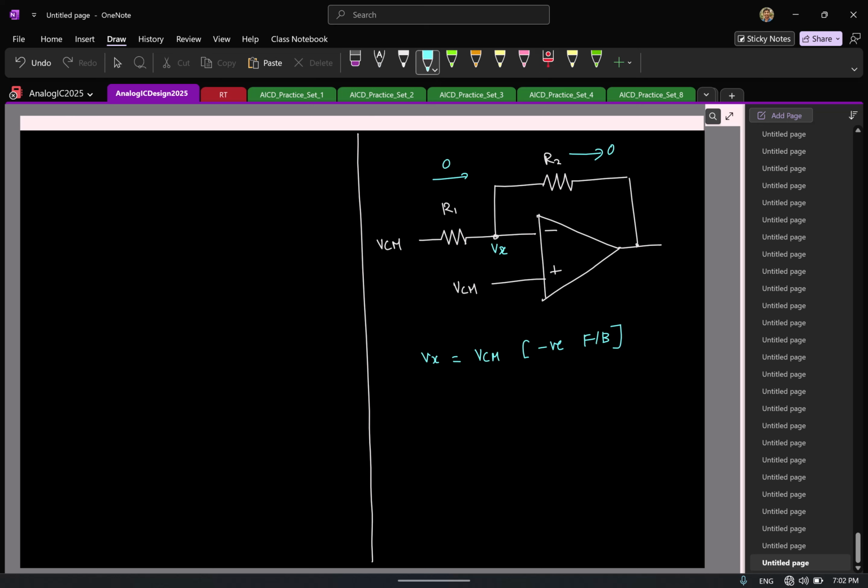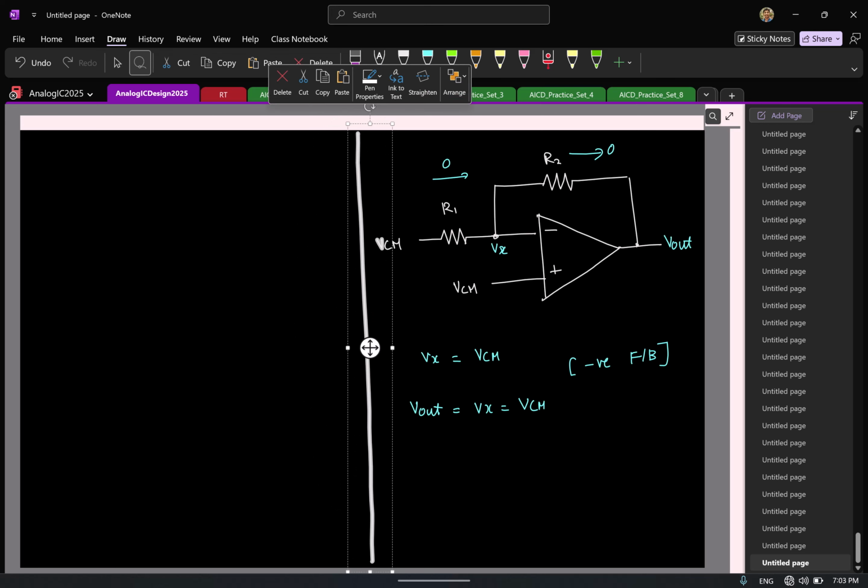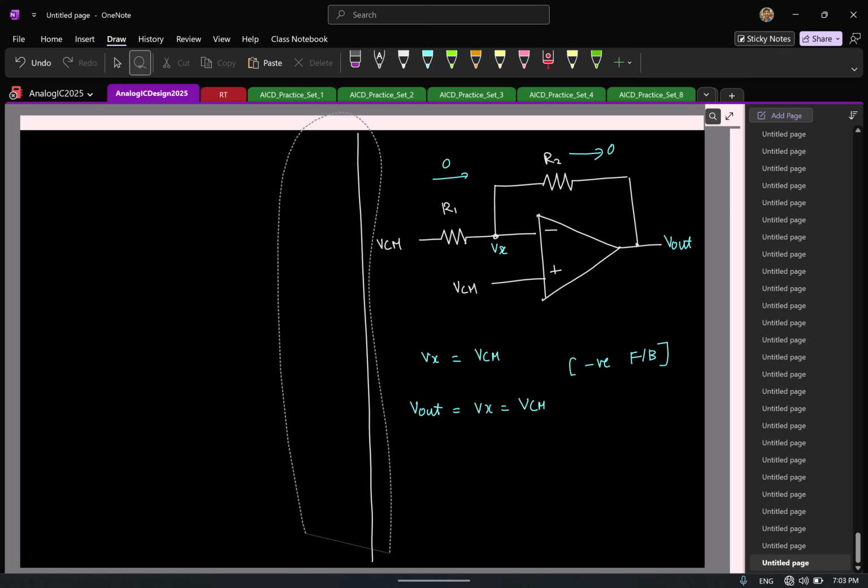They have to be equal. So if I call this Vout, because 0 current flows through the resistor R2, my Vout will be the same as Vx. It is set to VCM. All of this is happening because I have the DC negative feedback around my op-amp, making sure that the DC bias are set. Now let's try to do the same thing with our fully differential op-amp.